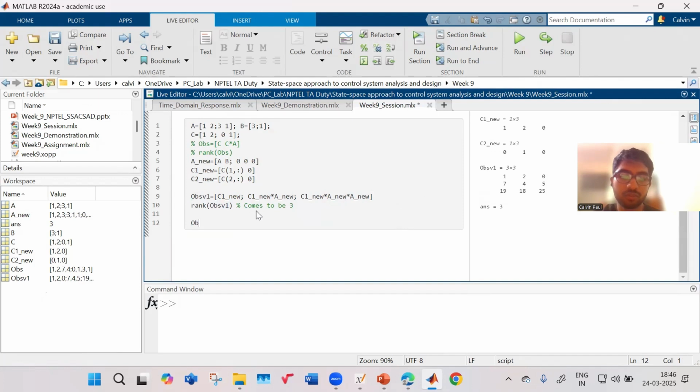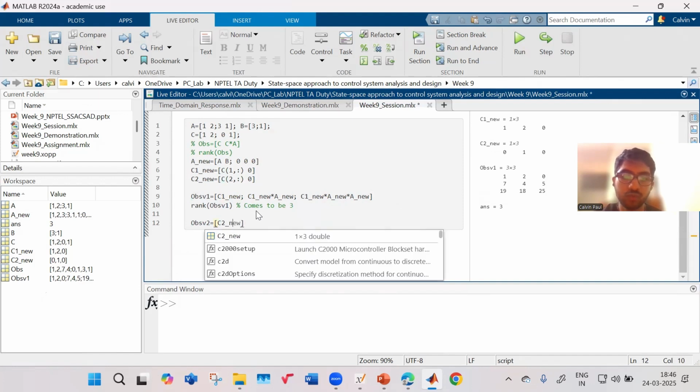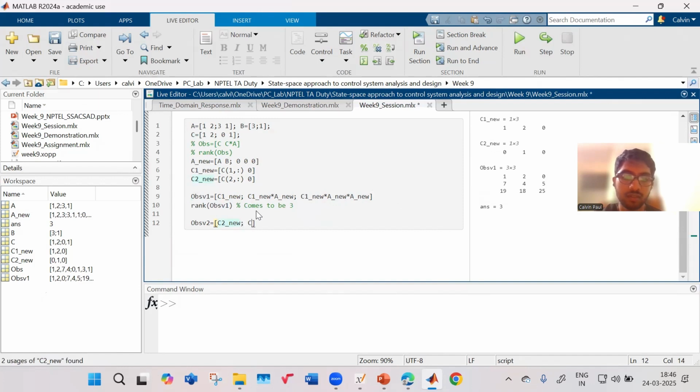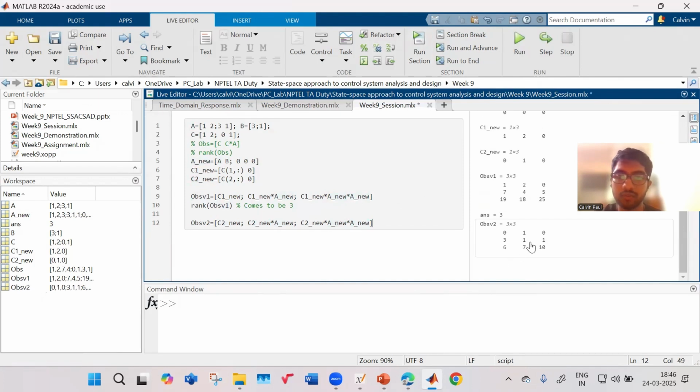Next, we will look for the observability matrix for the second case. That is C2 mu, C2 mu into A mu, C2 mu into A mu into A mu. This is the second observability matrix, and we find the rank of this.